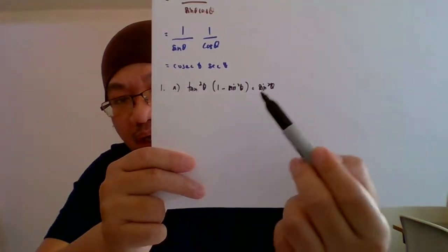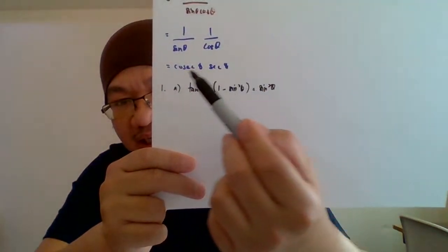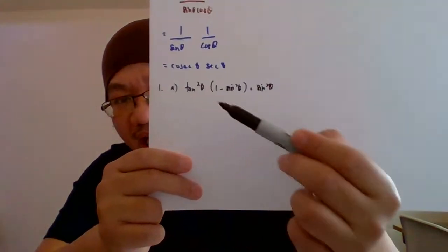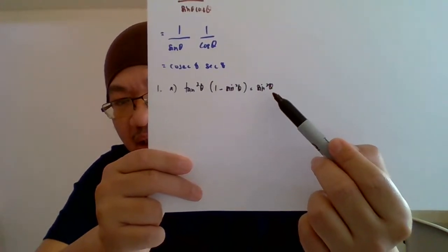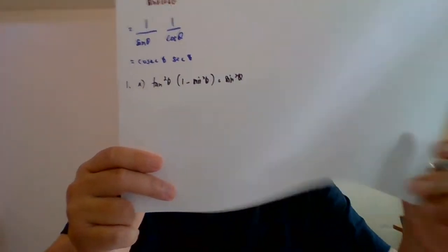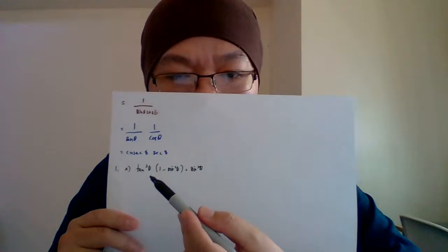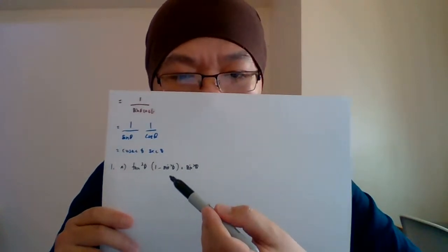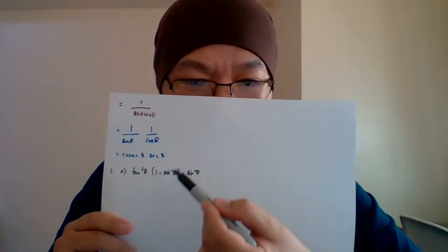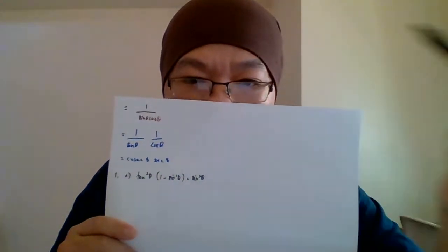I will elaborate the long equation here, so at the end it comes up with this. So now, how to solve the problem? From my question here, we know that tangent squared theta is the basic. 1 minus sine squared theta actually comes from the identity. Look at your identity.